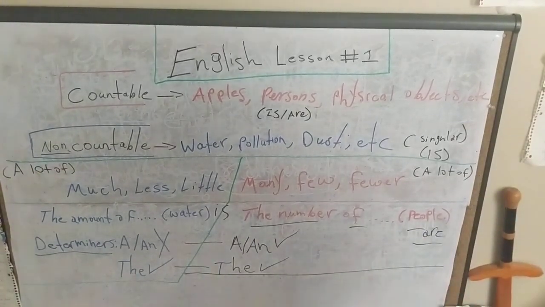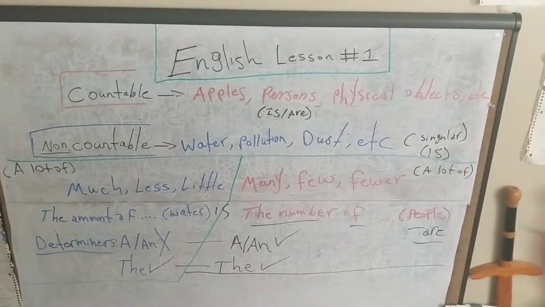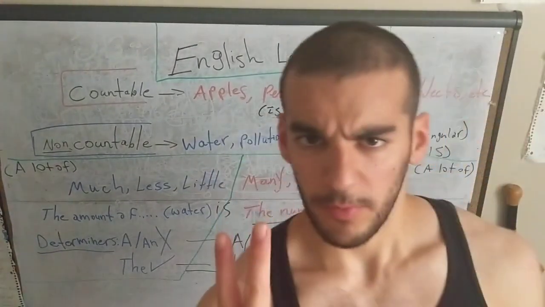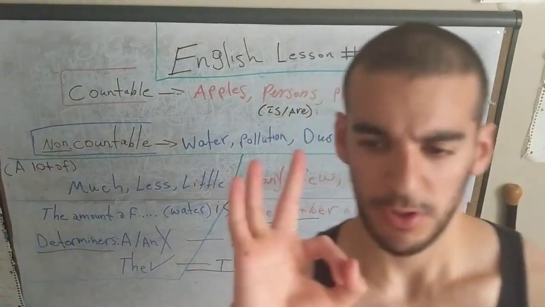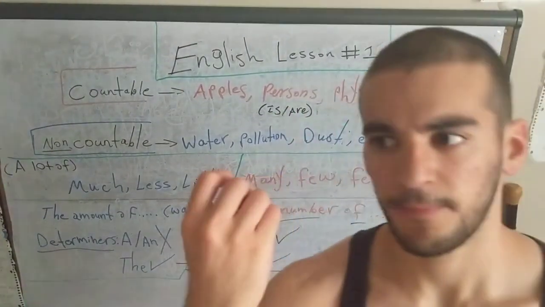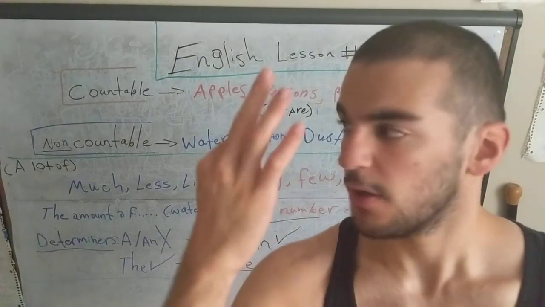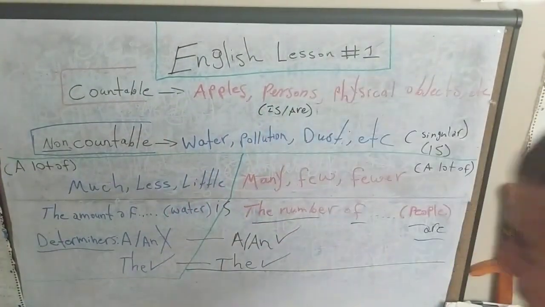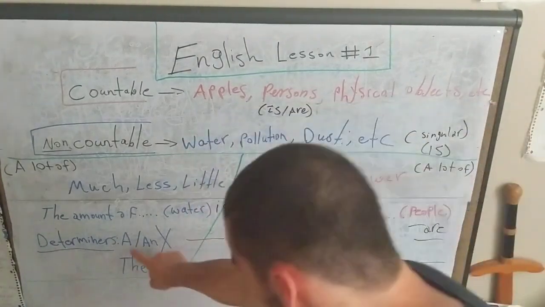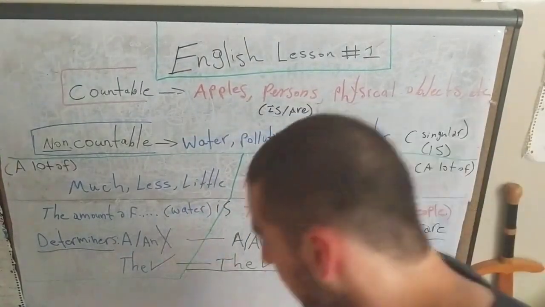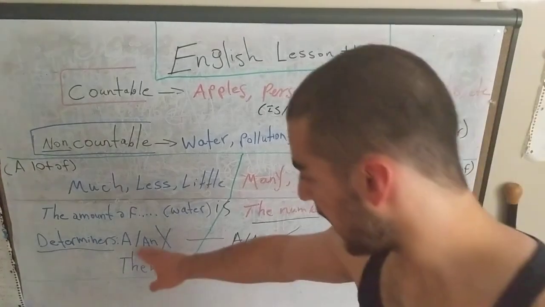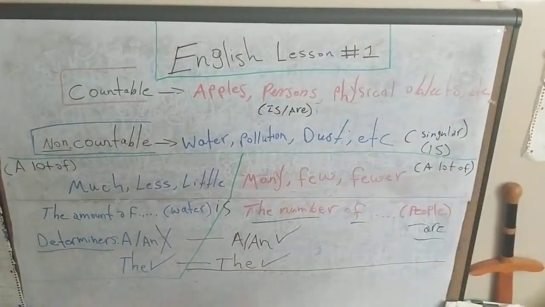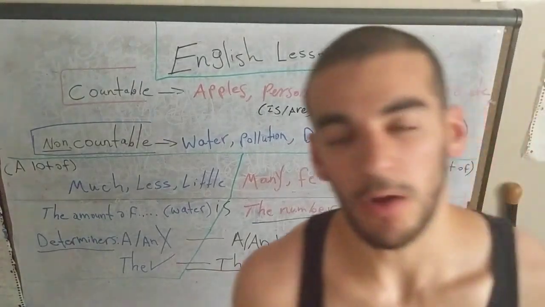One other thing to note is determiners. There are 2 forms of determiners in English, which are a, an, or the. Okay, so the determiners. A, the. You cannot use a or an for non-countables. For example, you cannot say I have a water.